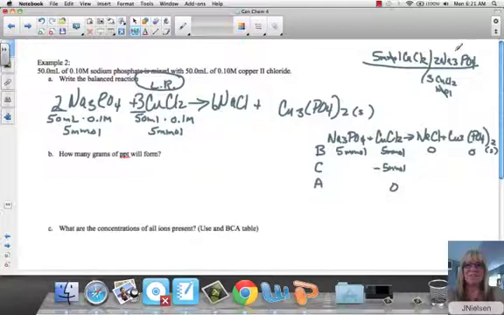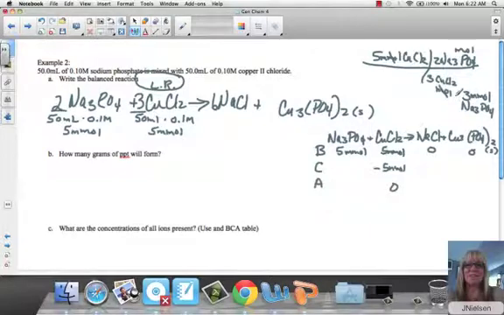I'm going to times 5 millimoles by 2 moles and divide by 3. So 5 times 2 is 10, divided by 3. This is going to give me 3.33, repeating, millimoles of the Na3PO4.